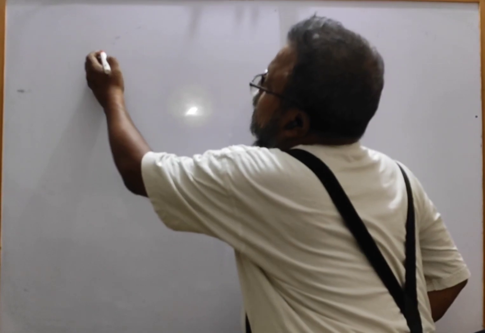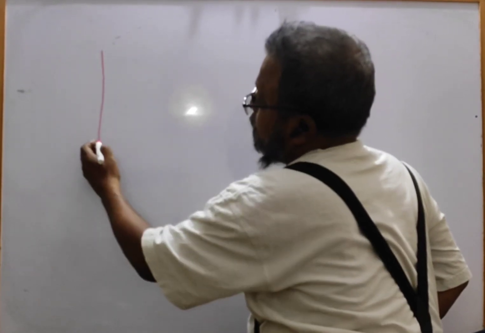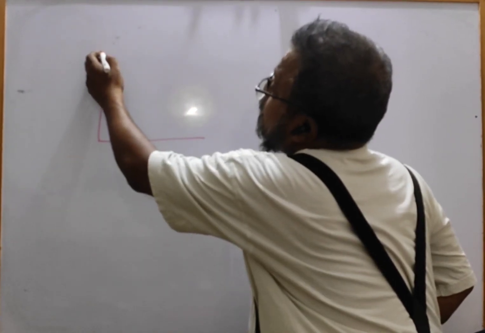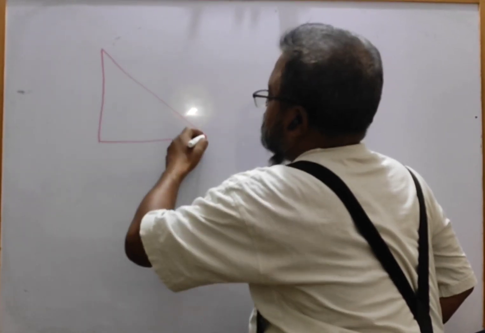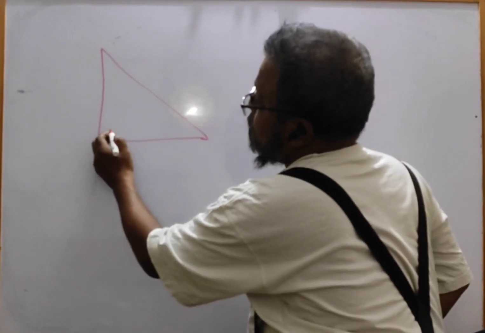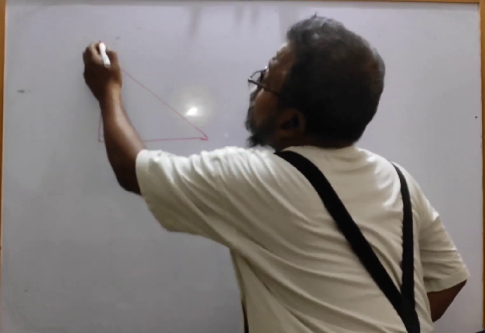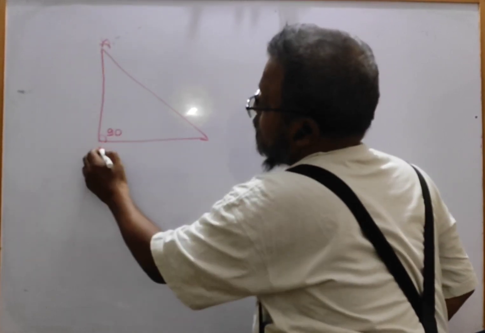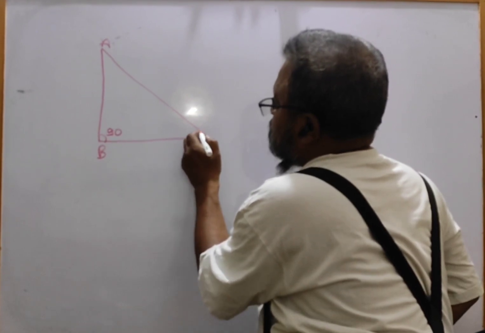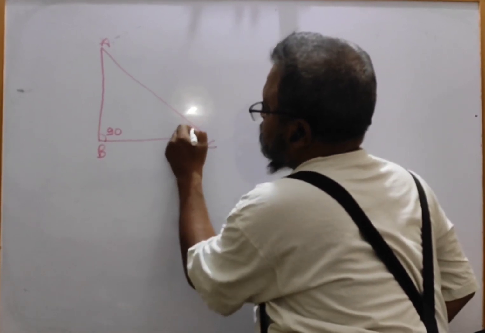Now this is a right angle triangle. This is 90 degree. This is A, this is B, this is C. This angle is theta.